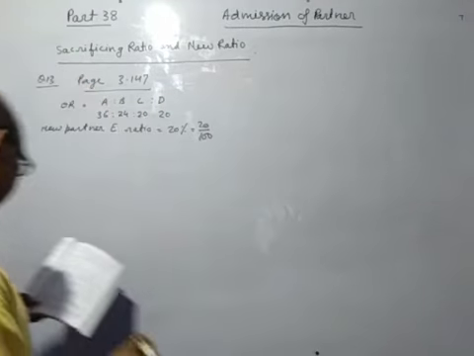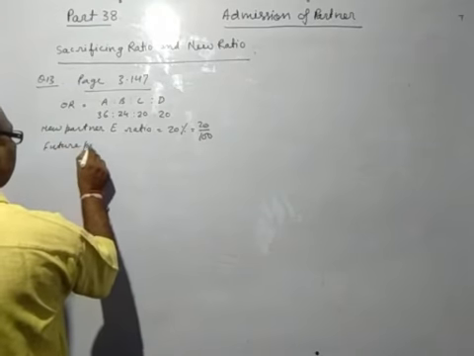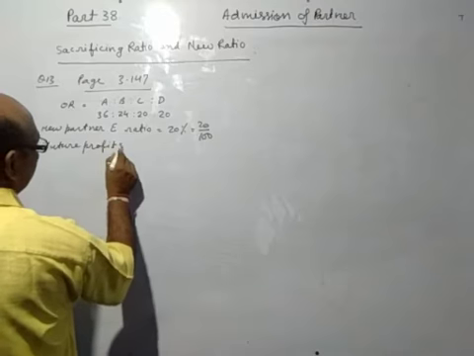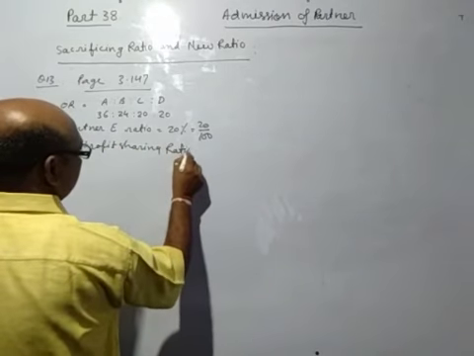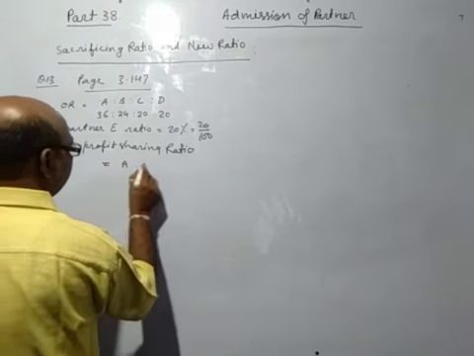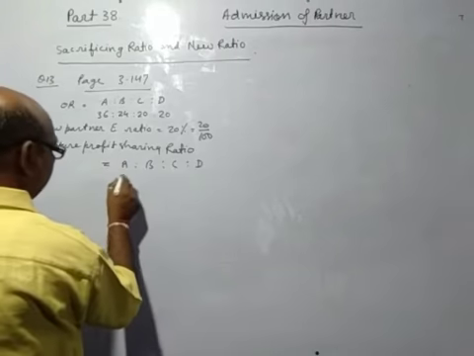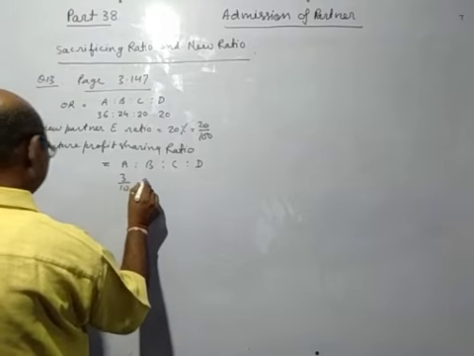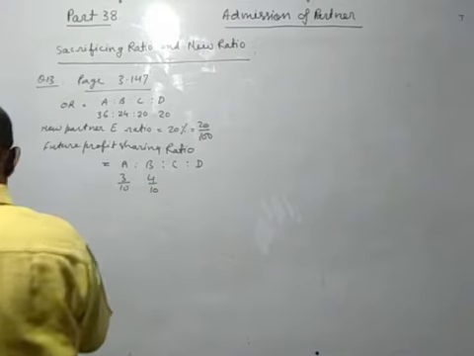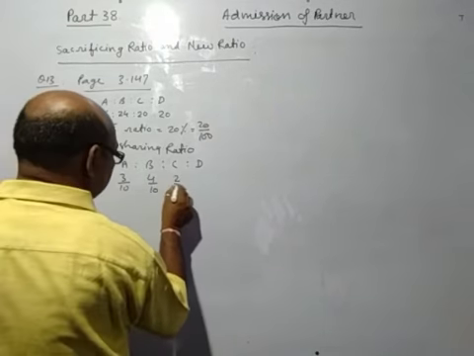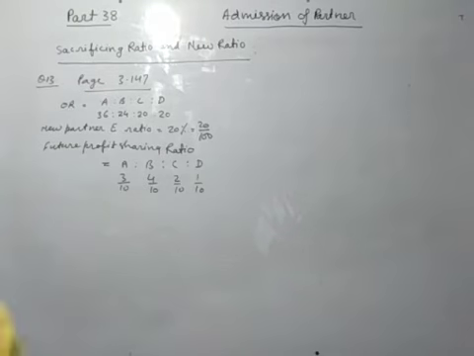So the future profit sharing ratio between A is to B is to C is to D is given as 3/10, 4/10, 2/10, 1/10. Now this is the fifth pattern.